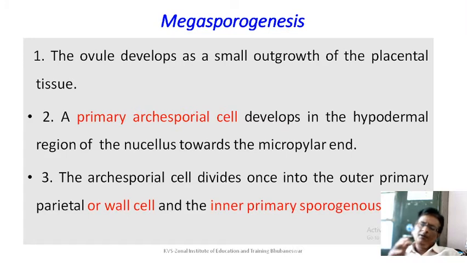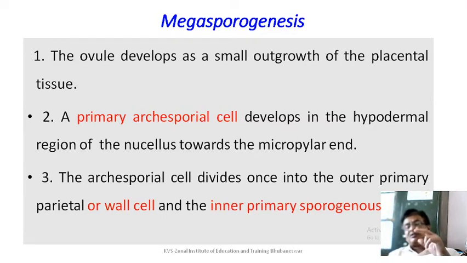Over a period of time, the nucellar tissue grows more and more, and then from the base, integument will grow. The tip is not covered, that is where the micropyle is formed. Opposite pole is called chalaza. Now, inside the nucellus, something happens. A primary archesporial cell develops, and it generally develops towards the micropylar end.